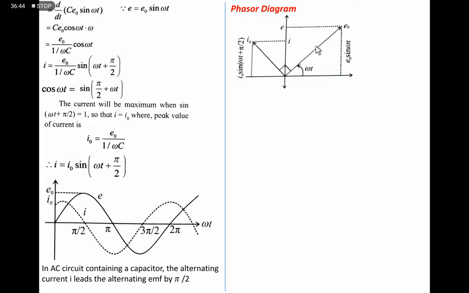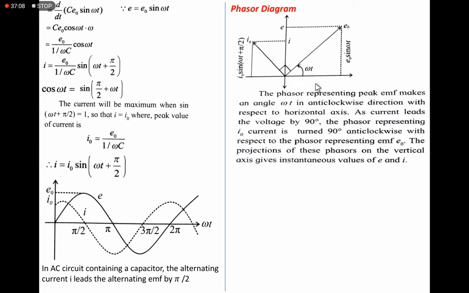If we consider the current, the total angle will be omega t plus pi by 2. This is the variation of these vectors in the anti-clockwise direction in the phasor diagram. So this is explained over here. Just now I explained how the EMF and the current in the AC circuit relate to each other. This we can explain with the phasor diagram.